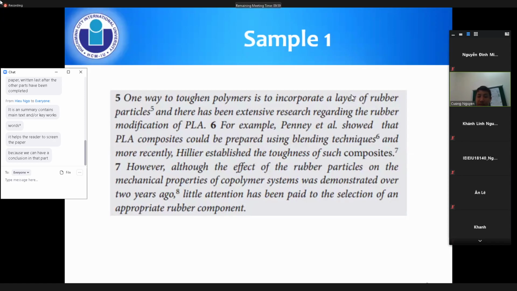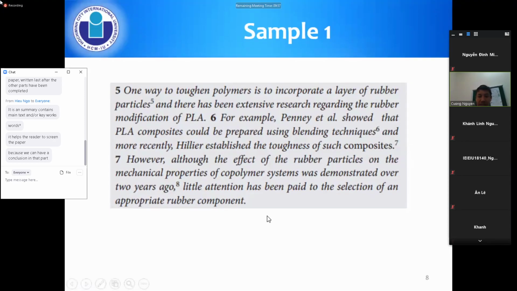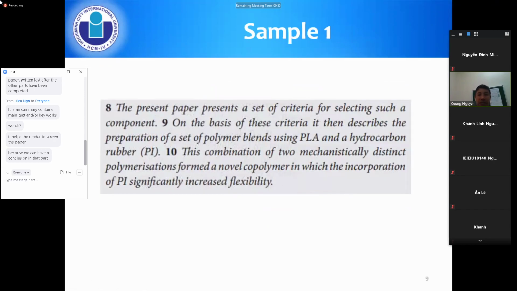Okay, so there's a gap there, right? There's a gap there. Now, the present paper presents a set of criteria for selecting such a component.